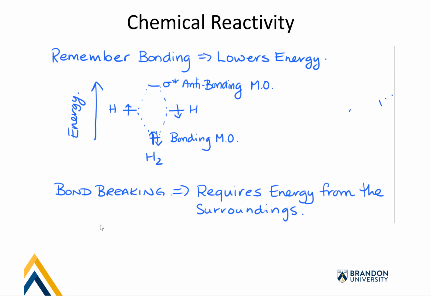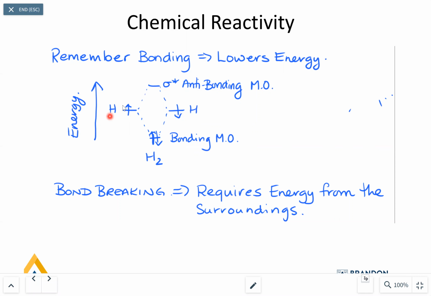And so the reason why I drew this diagram, remember, is to make molecular orbitals: a hydrogen atom with its electron meets a hydrogen atom with its electron, and they form a bond to make molecular H2. And why do we do this?